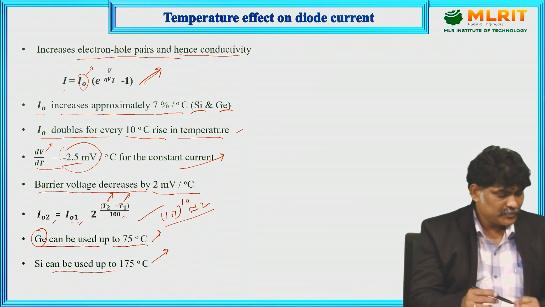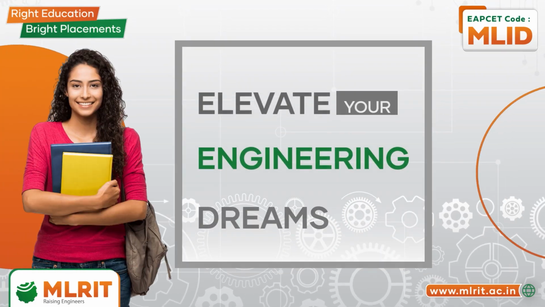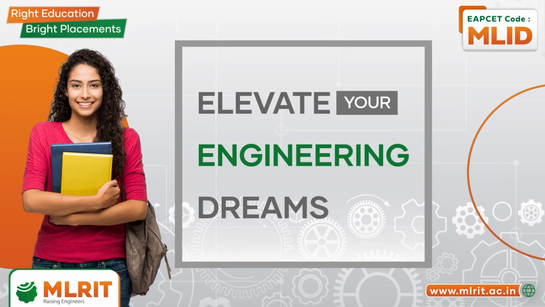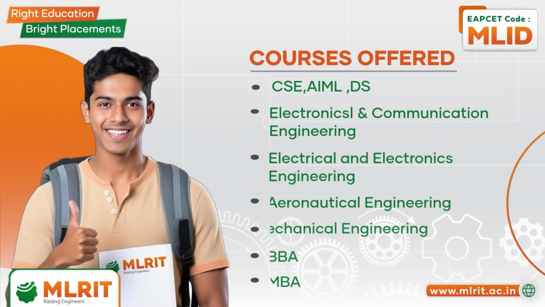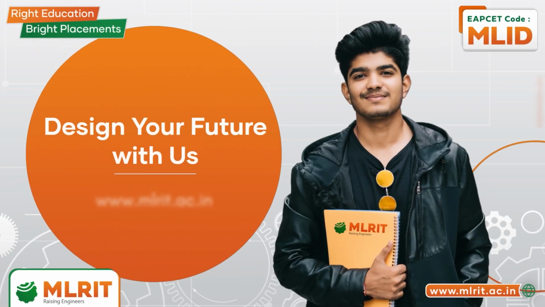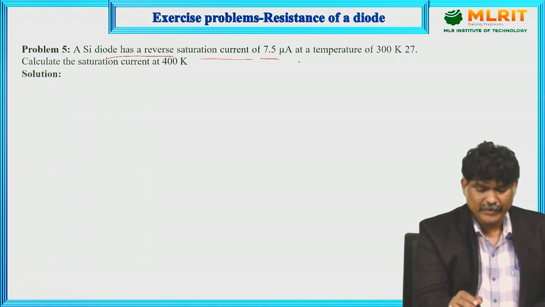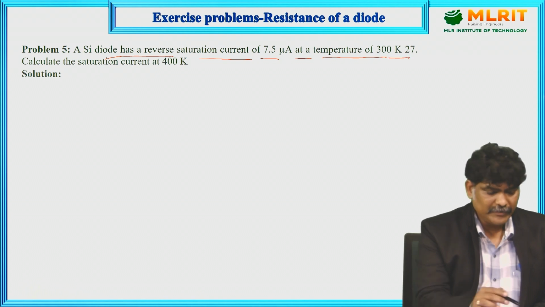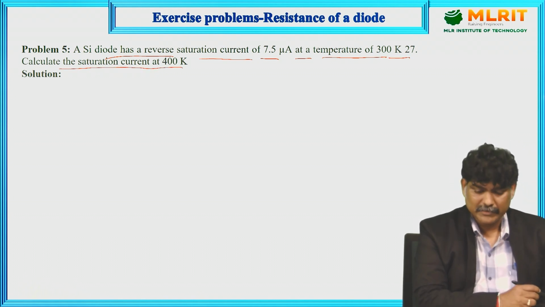Let us do one problem on this. A silicon diode has a reverse saturation current of 7.5 microamperes at a temperature of 300 Kelvin. Calculate the saturation current at 400 Kelvin.